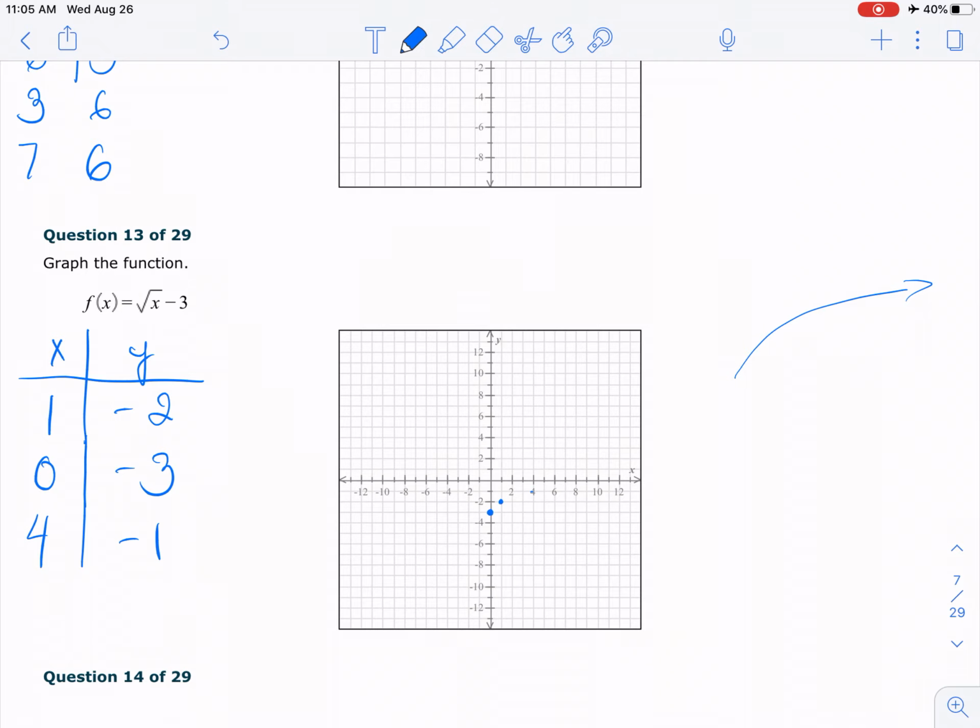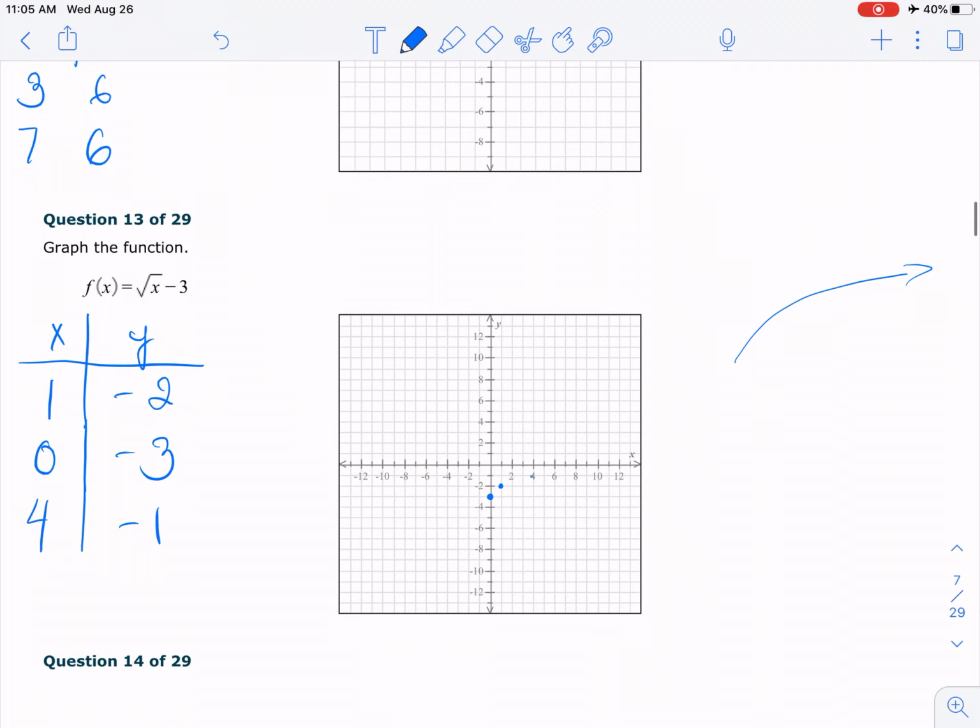I'm going to pick 9. Because when I take the square root of 9, I'm going to get 3, and 3 minus 3 is 0. So 9, 0. And there we have it.